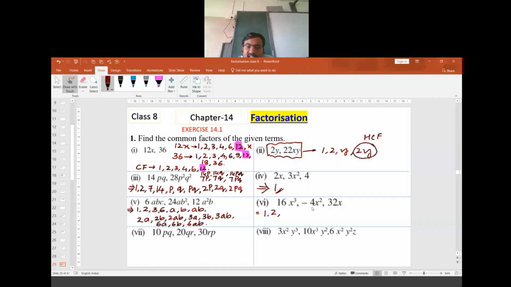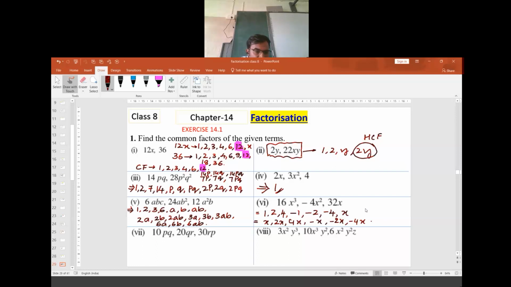All these are divisible by 4, and also by x. Now see here: x, 2x, 4x, minus x, minus 2x, minus 4x. Correct? Yes.